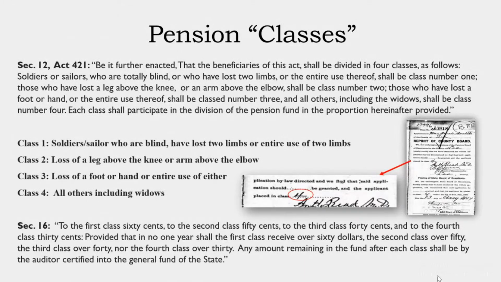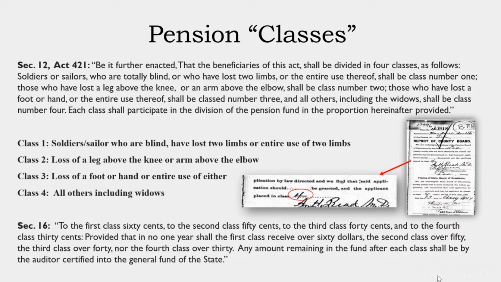One term you will notice in pension records is class. To explain that, we can turn to Act 421 of the 1898-99 term, which is the main act for establishing the pension system, as I mentioned earlier. Section 12, Act 421 states, "Be it further enacted that the beneficiaries of this act shall be divided in 4 classes as follows.